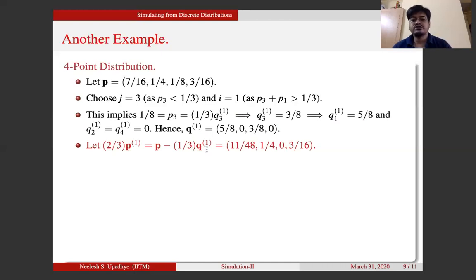This will generate a 3-point distribution. As you can see here, it has non-zero probabilities on 1, 2 and 4. Now I want to split this 3-point distribution into two non-zero probability vectors which have at most two non-zero probabilities. In order to do that, what I have done here is I have multiplied this factor P1 by 2 by 3.